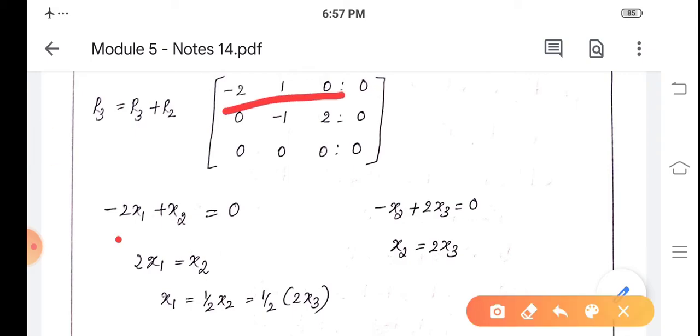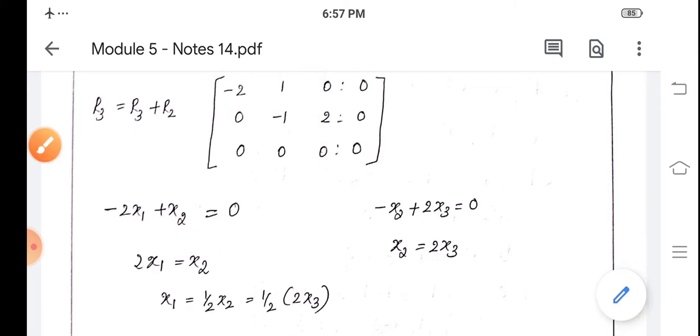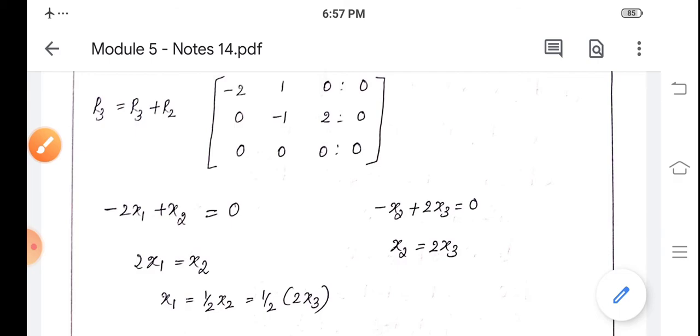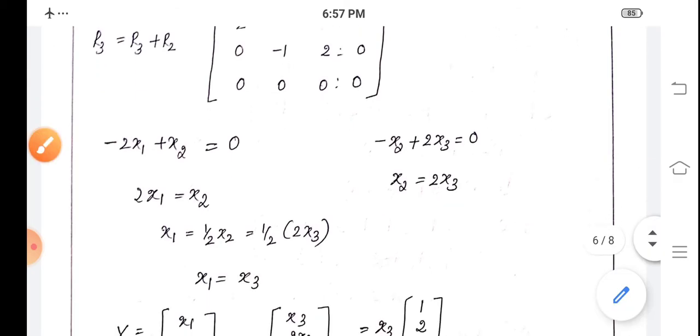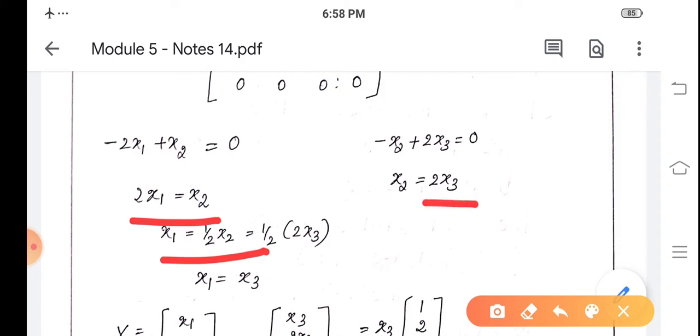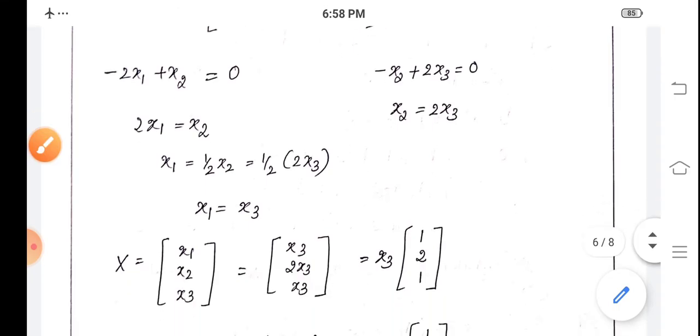We write minus 2 times x1 plus x2 equal to 0 and minus 1 into x2 plus 2x3 equal to 0. That gives x2 equal to 2 times x3. And using the first equation, 2 times x1 equal to x2, that is x1 equal to half x2, but half into x2 equal to half into 2x3, that gives x1 equal to x3.